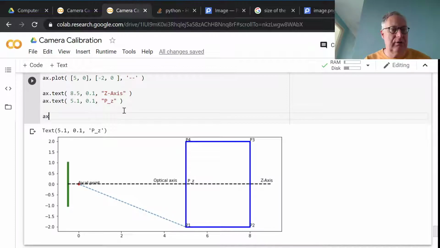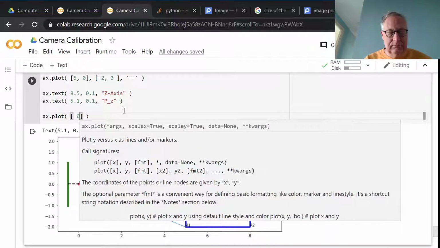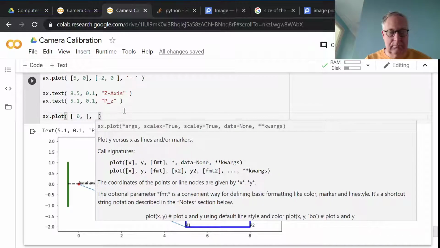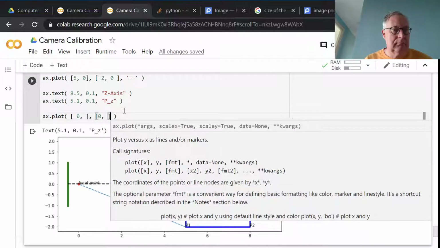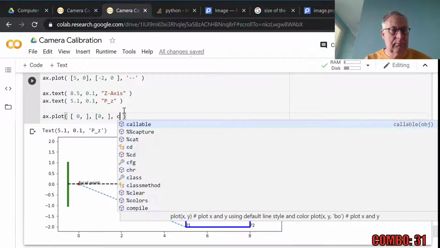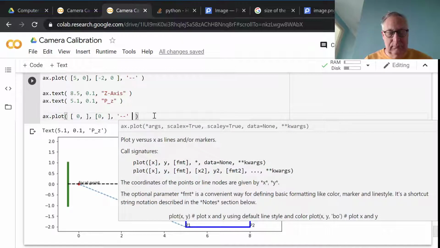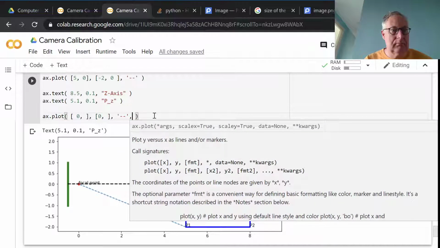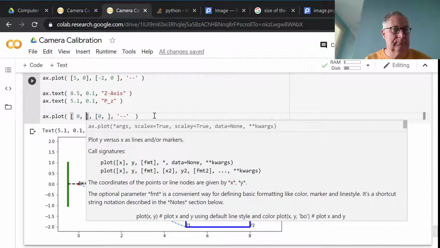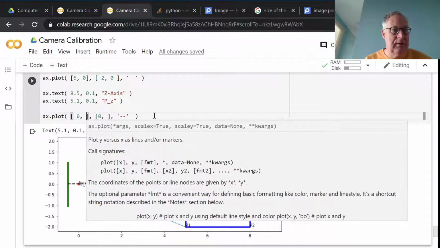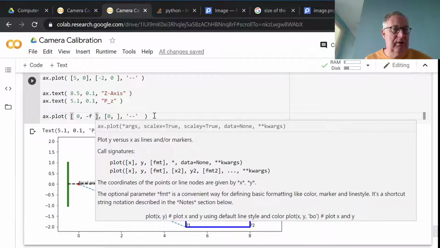So our projection is going to be from 0, 0 to minus f.